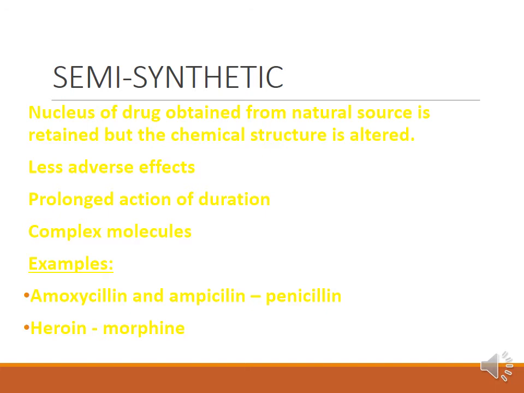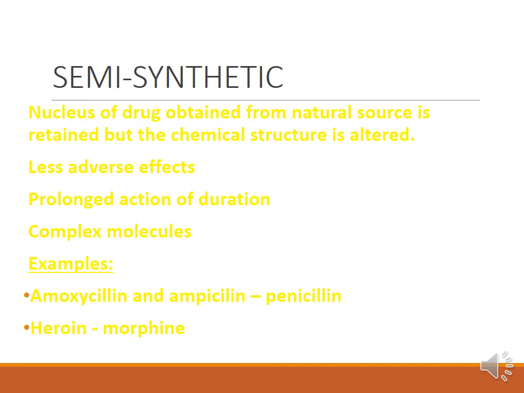We get less adverse effects, prolonged duration of action, and indeed they are complex molecules. For example, amoxicillin and ampicillin are derived from penicillin. So penicillin is naturally occurring, whereas amoxicillin and ampicillin are semi-synthetic drugs.